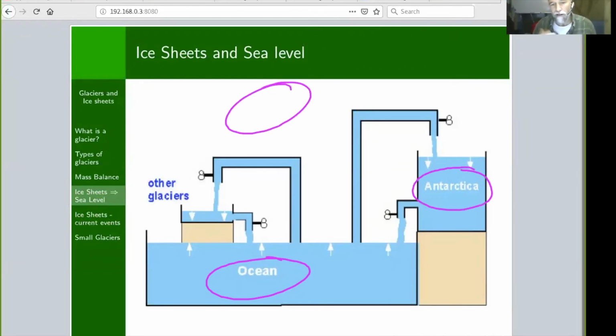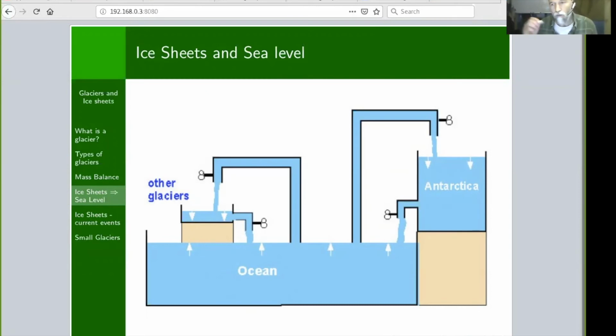You've also got a small amount of storage as fresh water in rivers and lakes. But fundamentally, the water cycle is all about moving water to and from these different reservoirs. One way of thinking about it is that the ocean's a great big reservoir of water. This is just the Antarctic ice sheet, but Greenland is also part of that. I'm going to write Antarctica and Greenland.